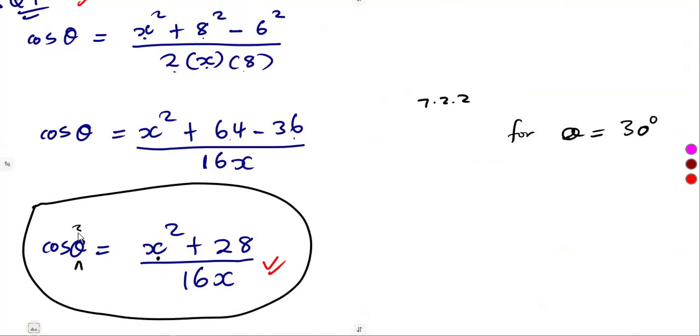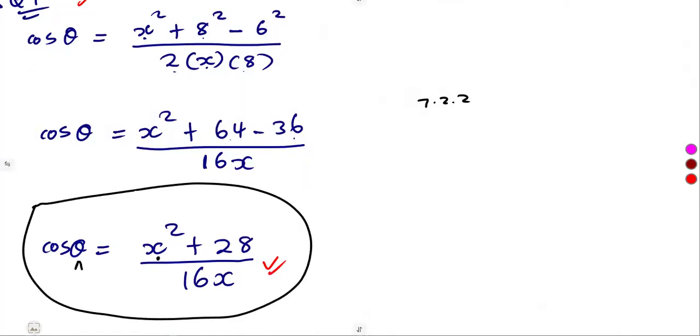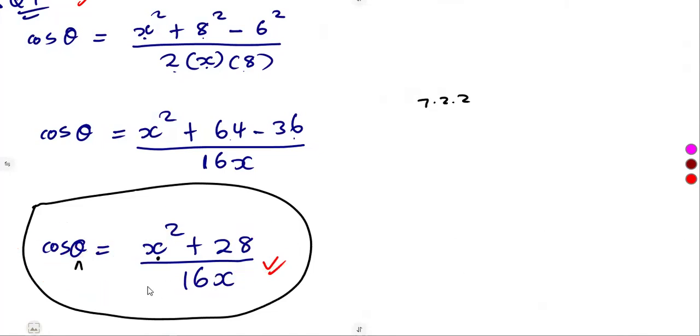Guys, you're going to just substitute 30 degrees here, then you simplify. But in this case, we are limited. They never gave us that condition to say for which value of theta. So meaning to say, we cannot work with this alone because it has got two unknowns, X and theta.